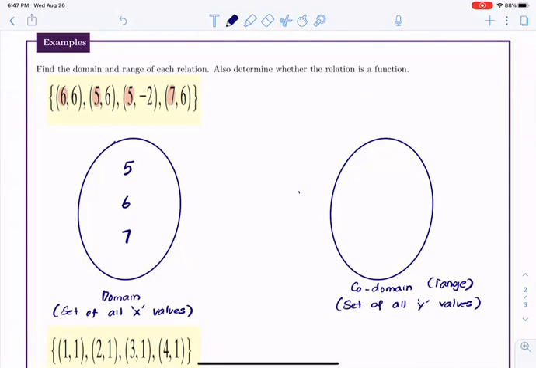Those are the unique x values that we have. The corresponding y values are 6, 6, 6, and -2. So I'll simply write it as -2 and 6.